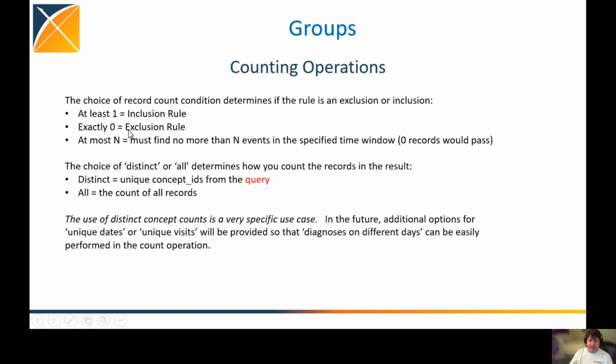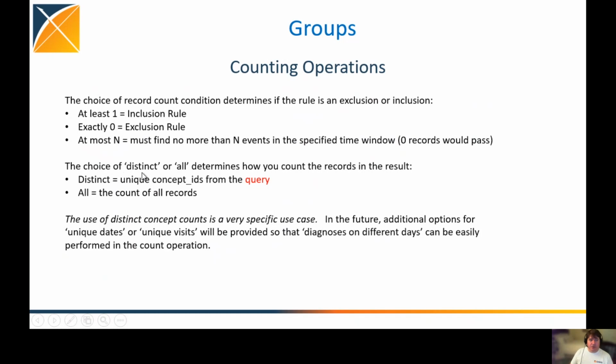Exactly 0 means that they do not have it. Finally, there's an option to say at most n, where there can be no more than n events found in the specified time window for the given query.